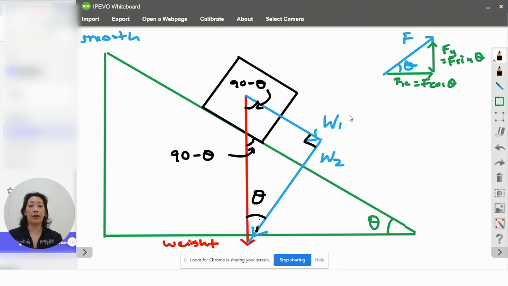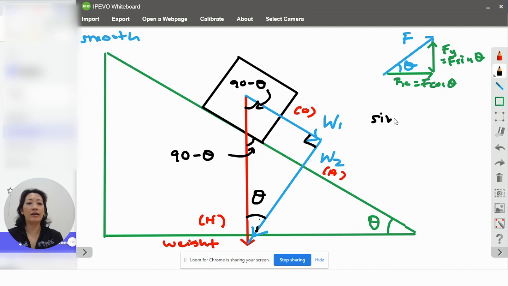How do we use this to find W1? Remember, our focus is W1 because that's the force making the object move in this direction. So looking at theta now, the weight line is our hypotenuse. This W2 is our adjacent, and this W1 is our opposite. Try to recall, which trigonometry function relates opposite with hypotenuse? That's right, sine. I'm going to switch to black.